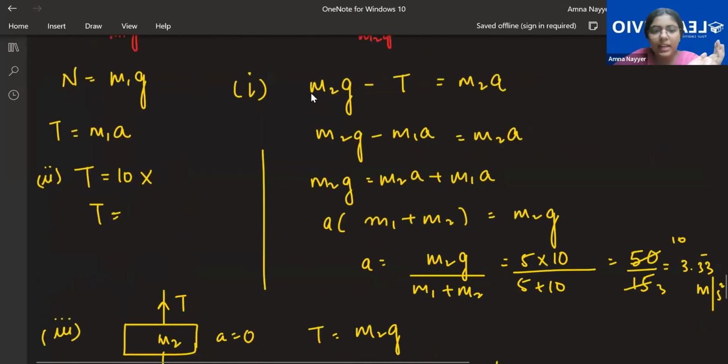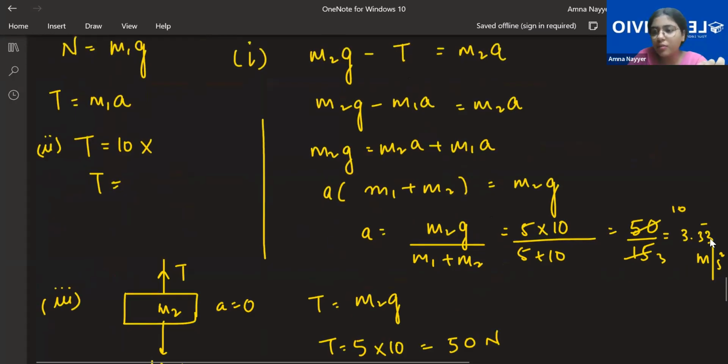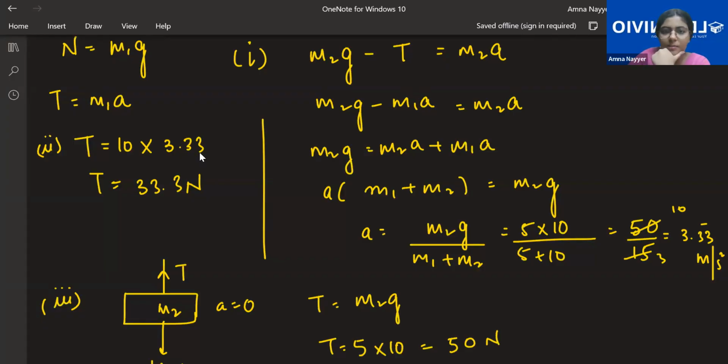So here we'll have this acceleration, not the acceleration due to gravity, because this is what we've calculated from our first part. So around 3.33 we'll multiply, and that will be around 33.3 Newton. This will be the answer. Mass is 10 kg, acceleration is 3.33. Got it? This part.